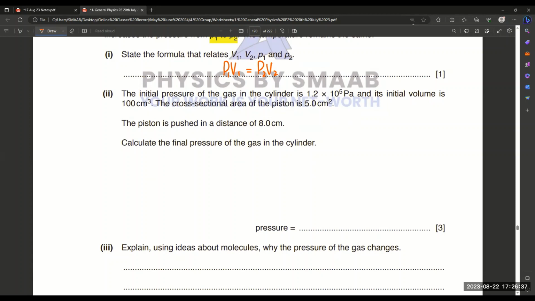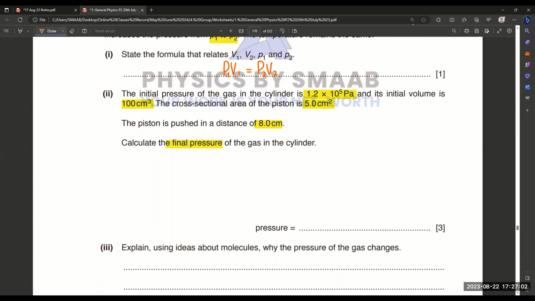Okay, next part of the question: the initial pressure of the gas is given over here, and the initial volume is 100 centimeter cube. The cross sectional area of the piston is 5 centimeter square. The piston is pushed in a distance of 8 centimeters. So these are the values, and we need to calculate the final pressure.